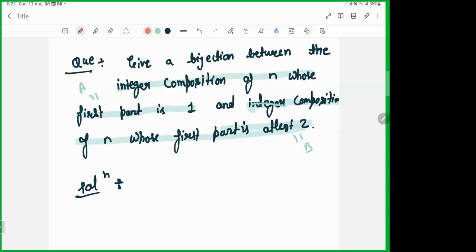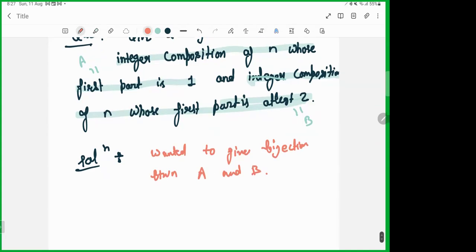You have to give a bijection between A and B. How will you give the bijection?